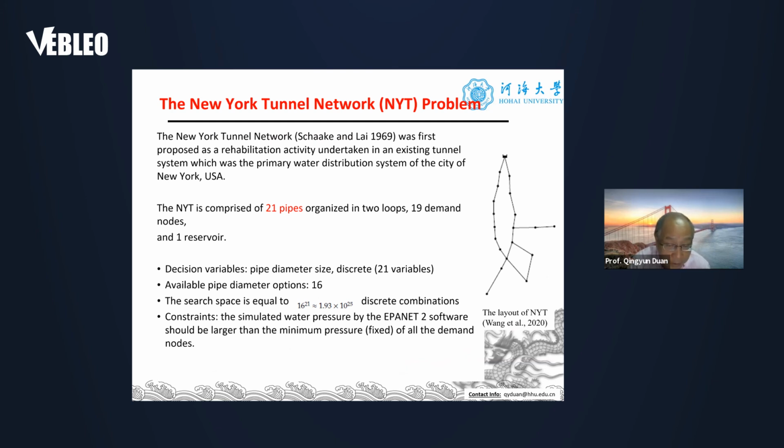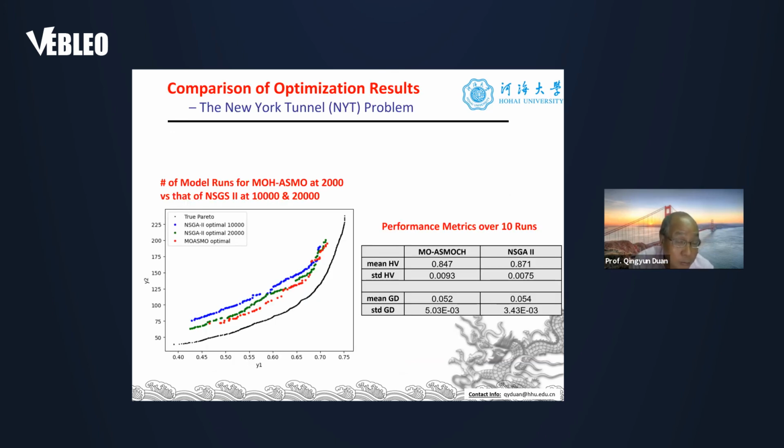So that makes it 10 to the 25th power in terms of possible solutions. So we compare these 2 methods, and here is the reference solution. And the thing is, we can only get an approximate solution.